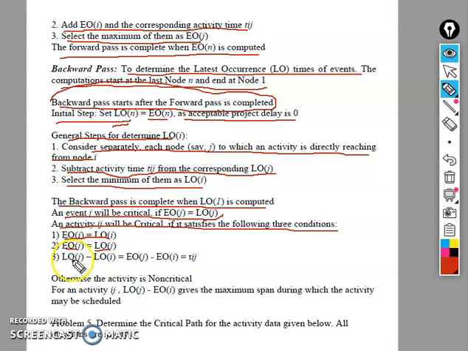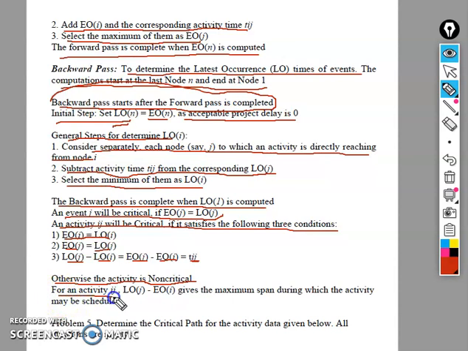Then LO of j minus LO of i should equal EO of j minus EO of i, and that should equal the time duration dij. Otherwise the activity is a non-critical activity. If the activity is not critical, we call it a non-critical activity.